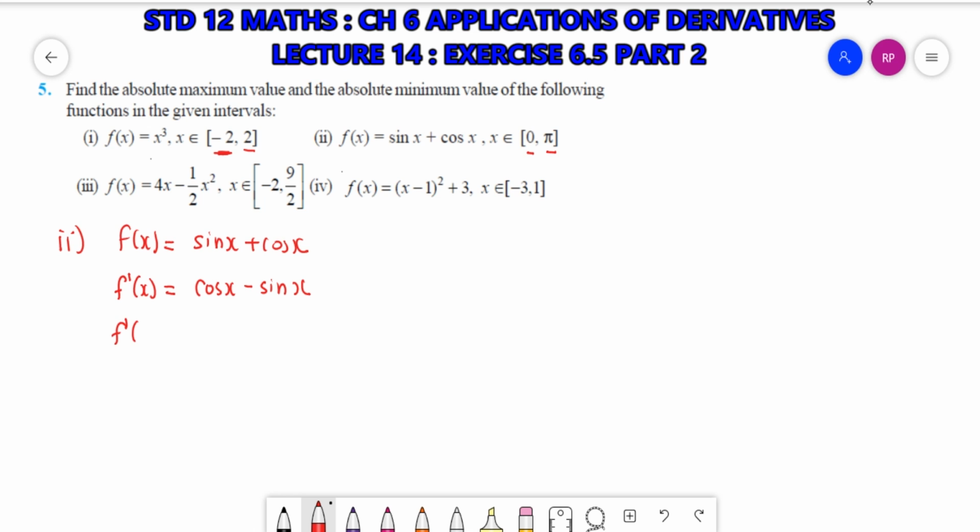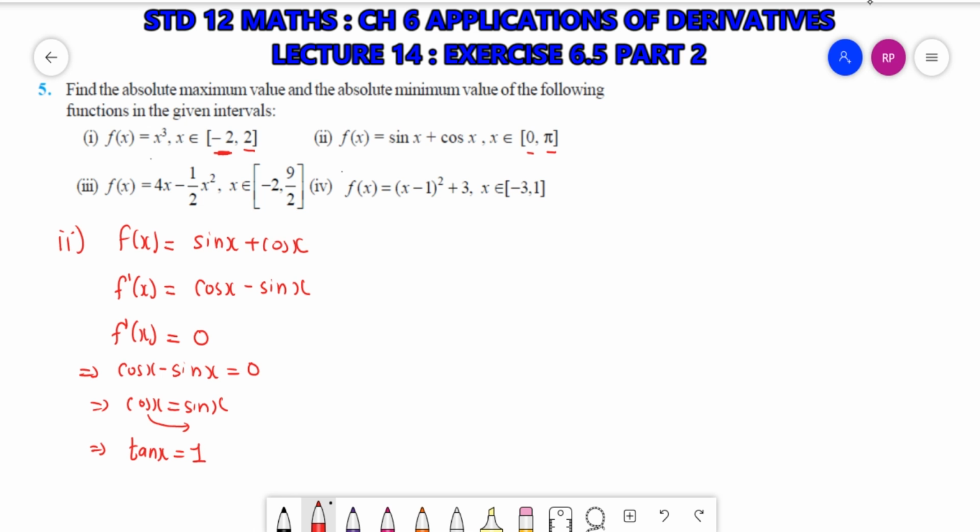So f dash x equal to 0 implies cos x minus sin x equal to 0. Therefore cos x equal to sin x. Whenever I take cos x on this side, it will be sin x by cos x. So that will be tan x, and that will be equal to 1.